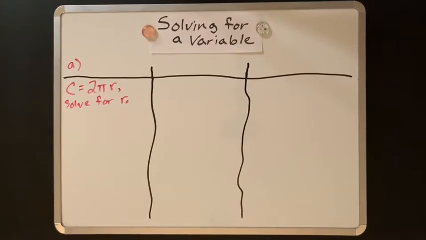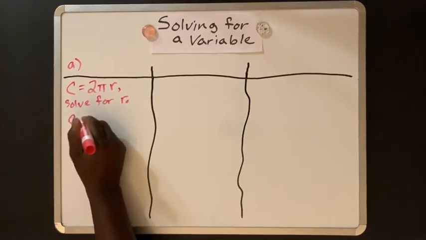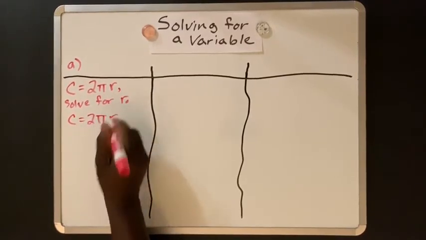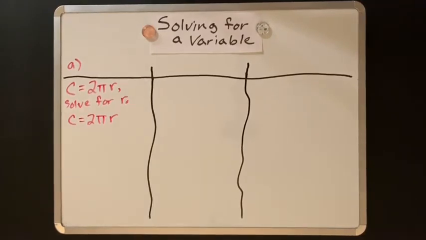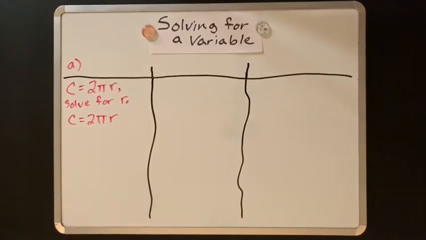First thing we want to do is copy this formula again. So I'm going to write C equals 2 times pi times R. Now think about it. In order to get R by itself, I need to get rid of the 2 and the pi.